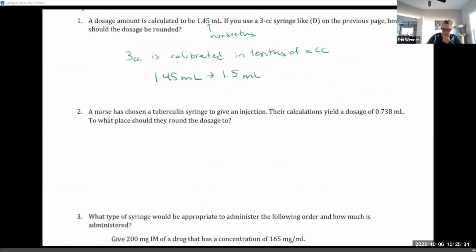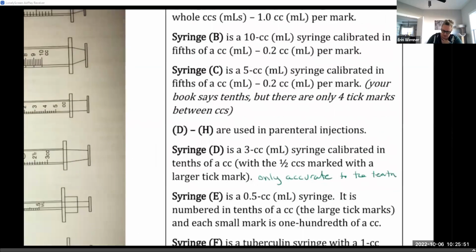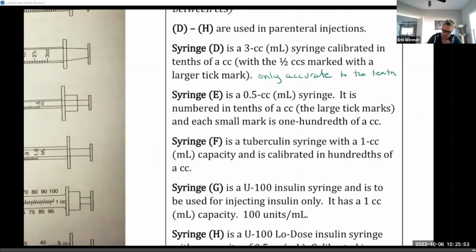So number 2 says a nurse has chosen a tuberculin syringe to give an injection. Their calculations yield a dosage of 0.738 milliliters. To what place should they round the dosage? If we go back to our previous page, a tuberculin syringe has a 1 cc capacity and is calibrated to hundredths of a cc.